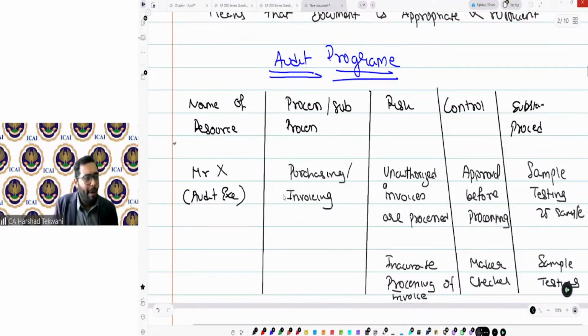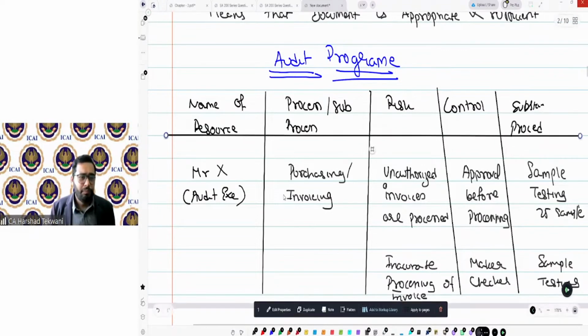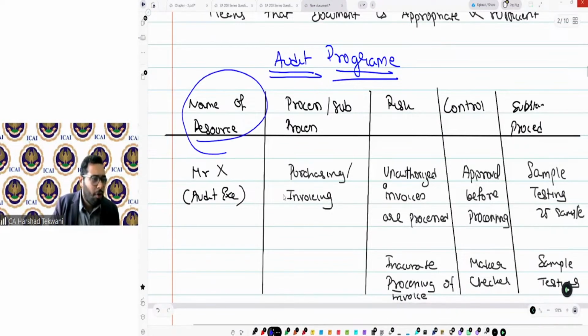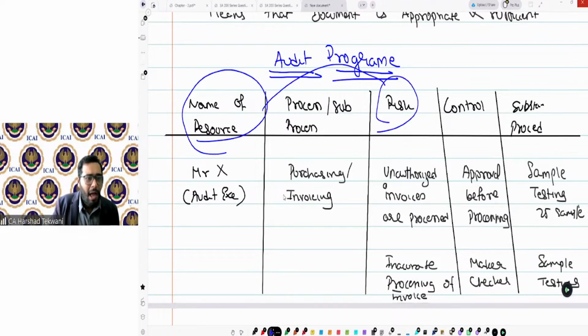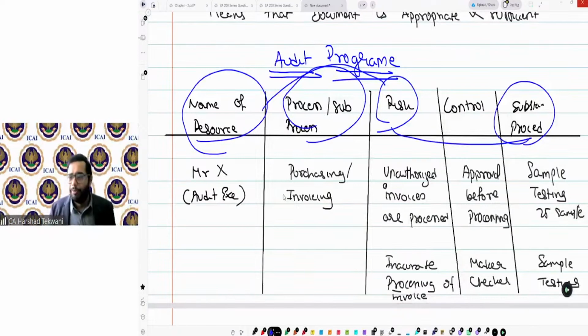So I have prepared a document which will contain all this information. This is nothing but an audit plan where I map the resource with the risk and process along with what is required to be performed.